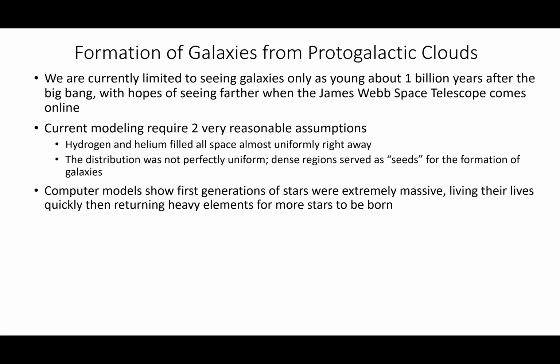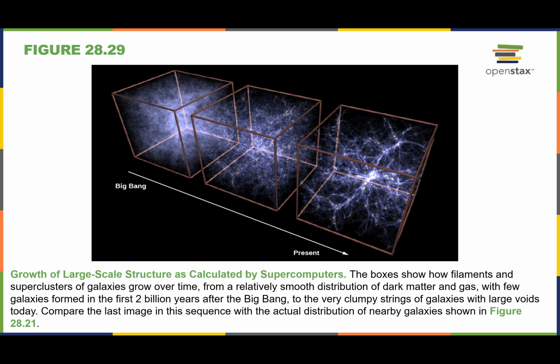So this is a neat sequence that starts in the upper left-hand corner and goes to the lower right-hand corner. Can you guys see these 3 boxes? The one thing that's wrong with those 3 boxes is they should be expanding, because space and time actually expand over time. But this could be our universe.